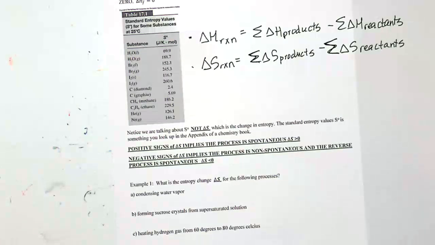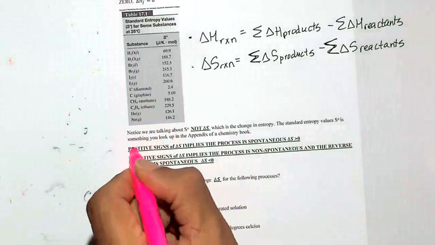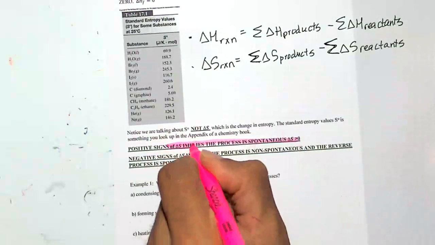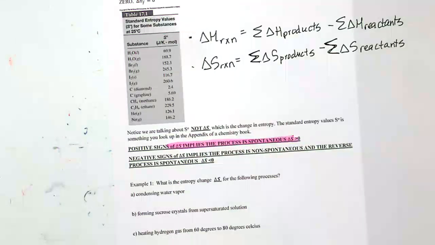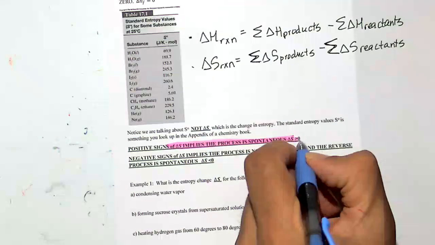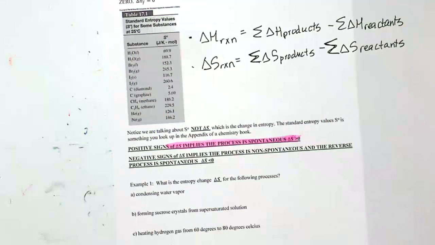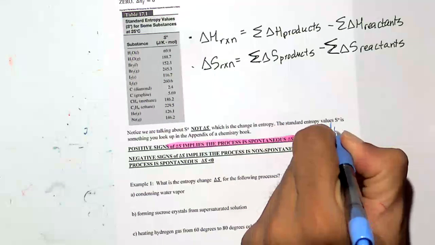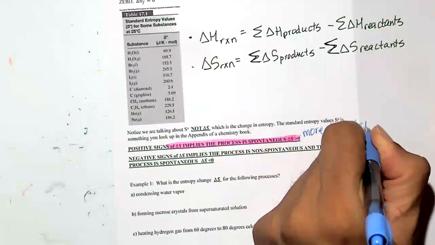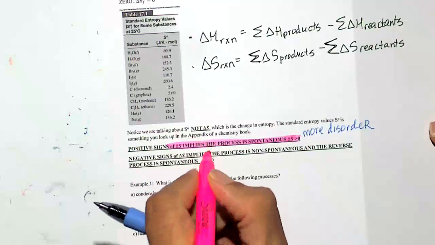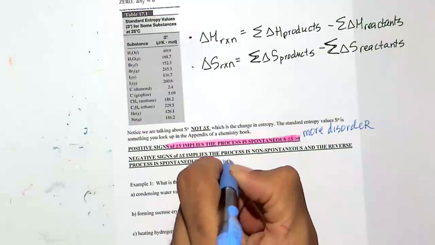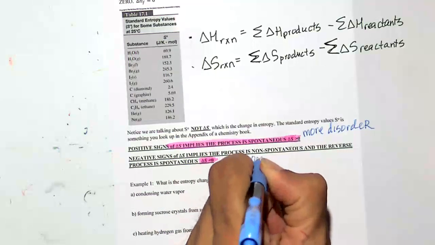Signs mean something here in thermodynamics. If it's a positive sign, that means there's more disorder. The negative sign for the delta S, change in entropy, means there is more order.